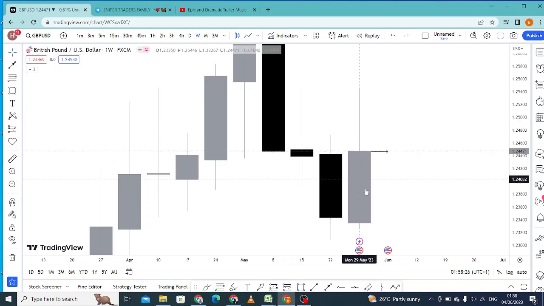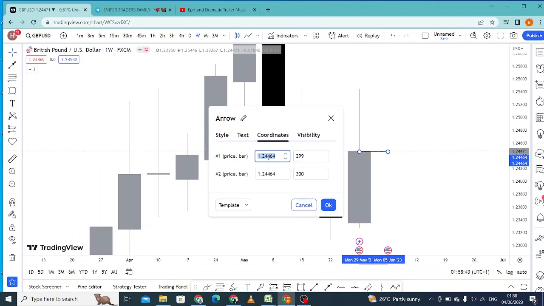If I put my cursor on this weekly candle, we see that our opening price, which is here, is 1.23350, which we all know.